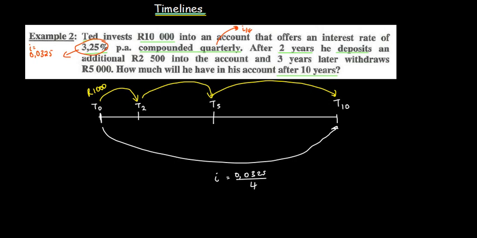There was a deposit. You can write it here as plus 2,500, which was 2 years later. Then 3 years later, which means 3 years later from those 2 years again, he had to withdraw 5,000. There was an emergency, so he withdraws 5,000 there.